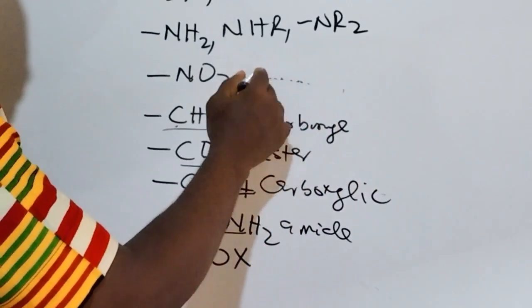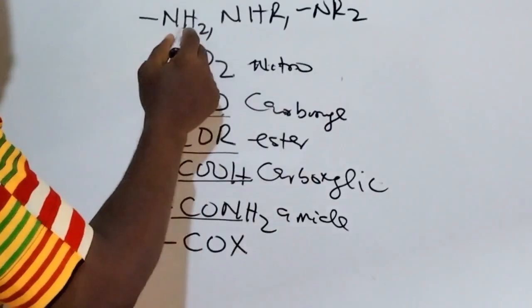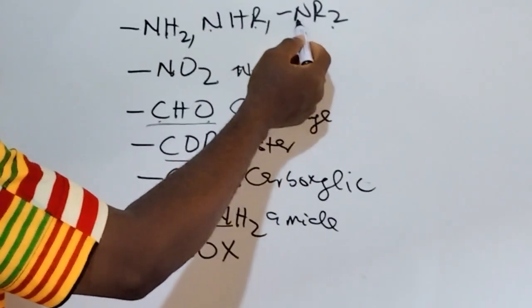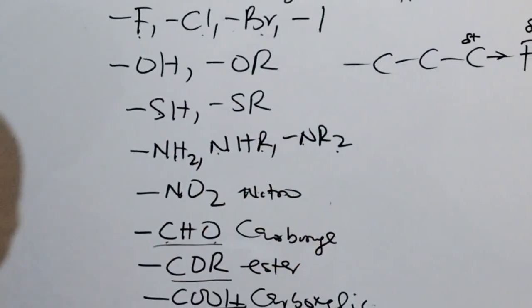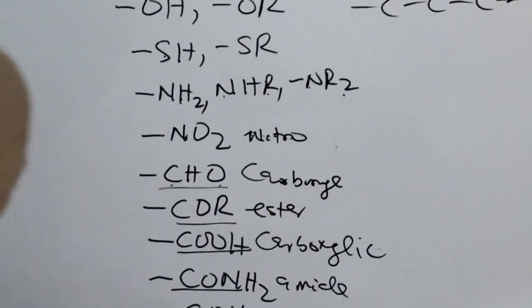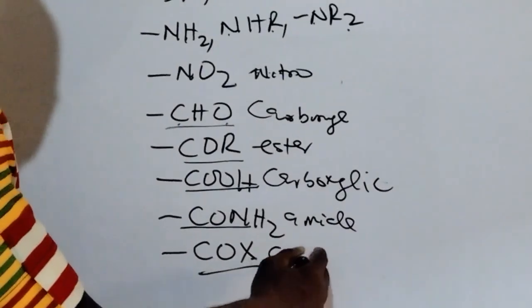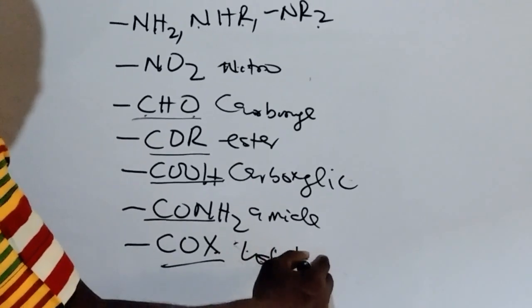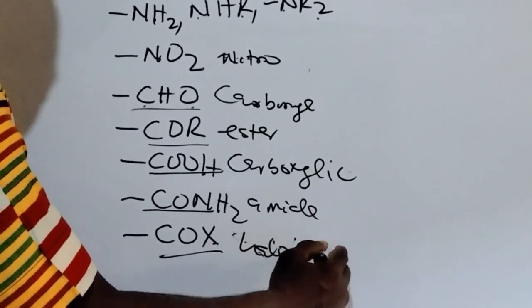Sorry, it's not amino, it's the nitro group. And this is the carbonyl halo, because the X stands for halogen, the halo carbonyl group.